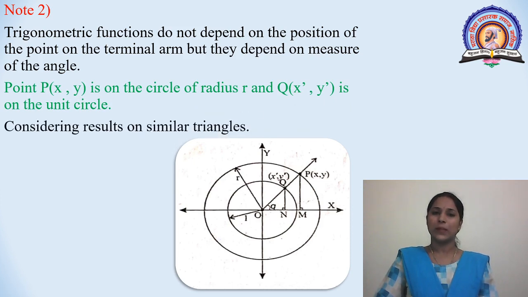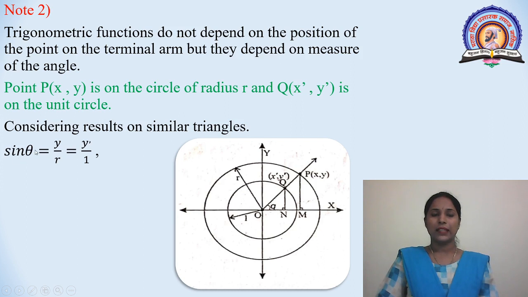Considering the result on similar triangles, the first circle is the outer circle with point P and perpendicular PM on ray OX, and the other circle has point Q of x dash y dash with perpendicular QN on ray OX, and this is angle theta.